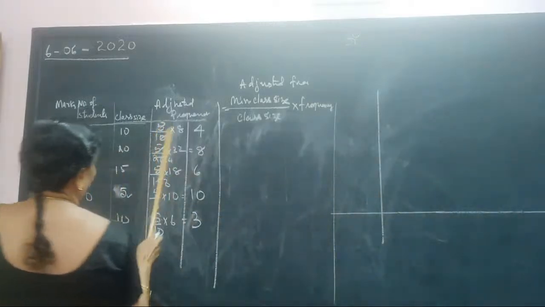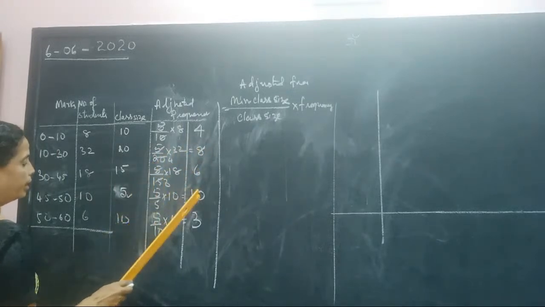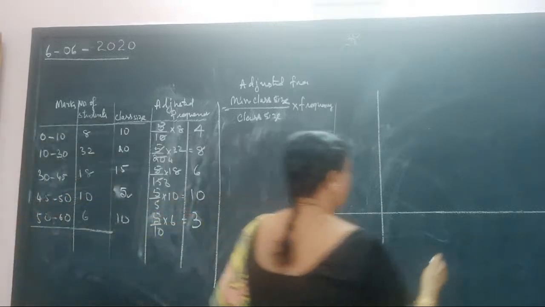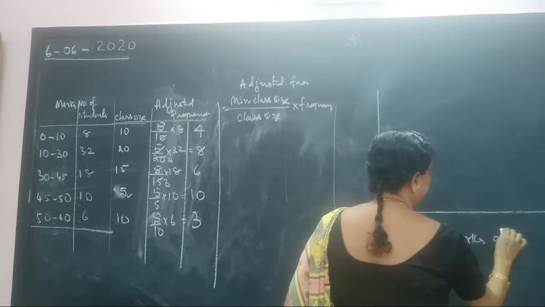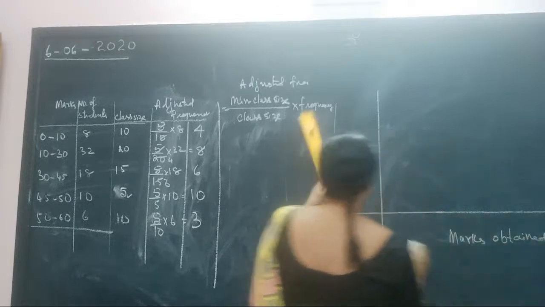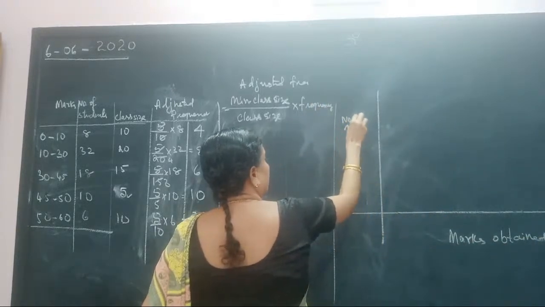It is correct: 4, 8, 6, 10 only, and 3. Now we plot marks obtained along the x-axis, and here the number of students.